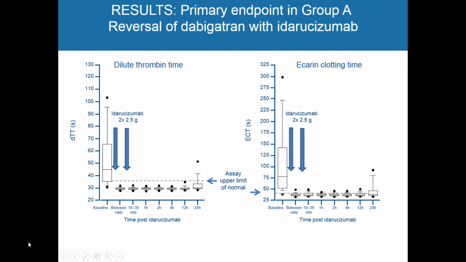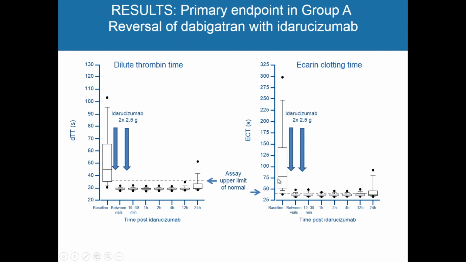Here is the mean dilute thrombin time, and after administration of idarucizumab, you can see that it reverts to below the upper limit of the normal assay for dilute thrombin time.